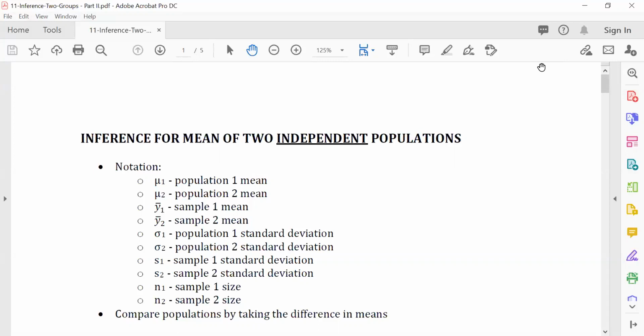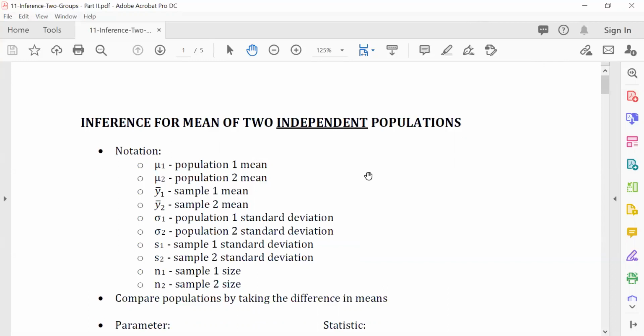You are comparing a sample you collected from people in the UK and another sample you collected from people in the US. So you can see those two groups are two separate independent groups. Those are independent populations. Now, how do we do inference for the mean of two independent populations?